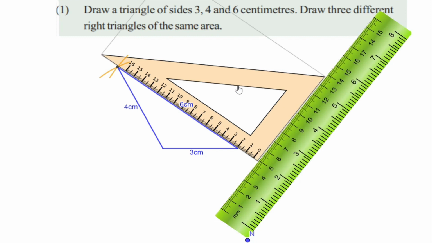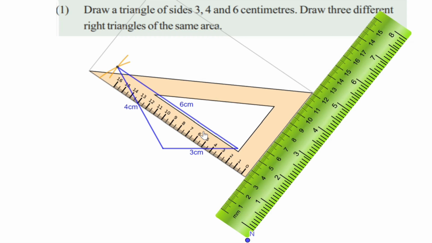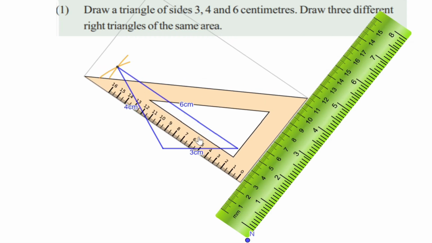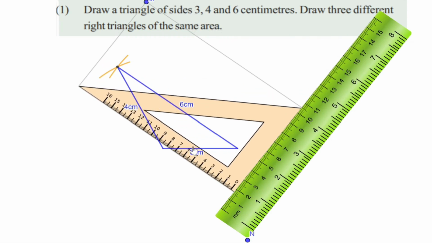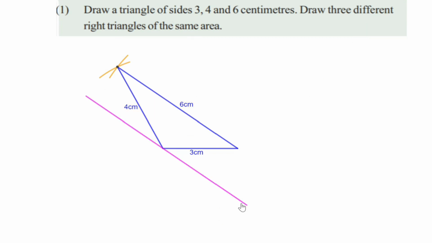Now keep the ruler firmly and slide this square till it reaches this point. Now draw a line through that point. So this is the line parallel to the 6 centimeter side. Now from one end of this side, let me take a 90 degree angle and draw a line.